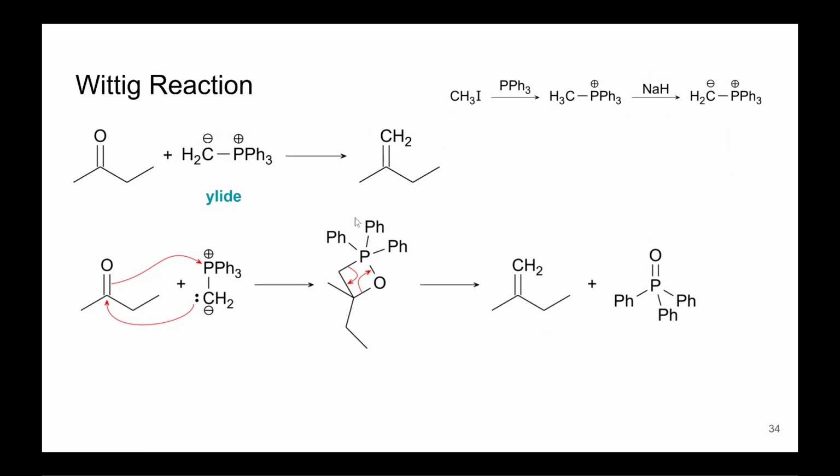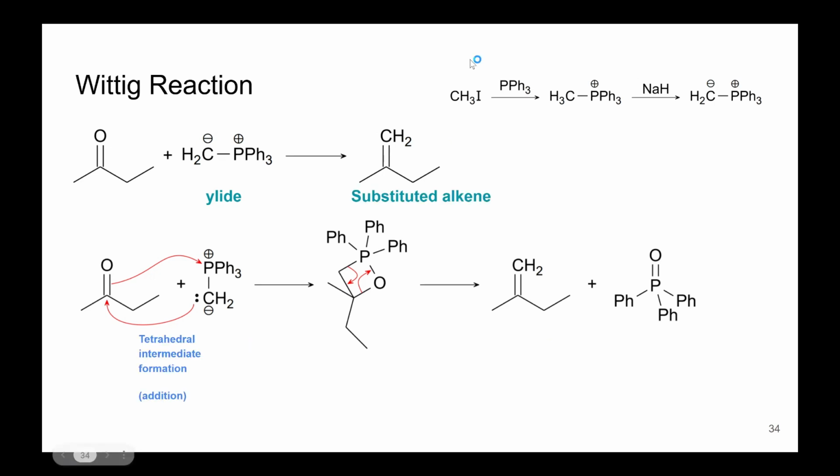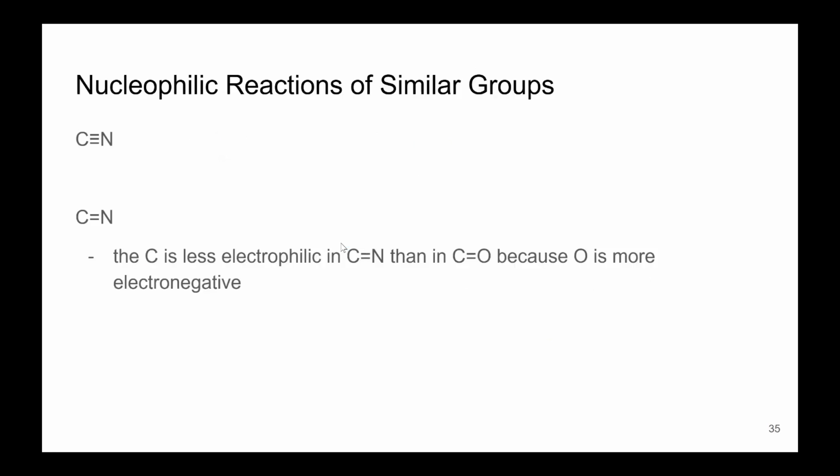You just have to know that when you see an ylide, replace the C=O double bond with the C=C double bond, and whatever is on the end of the ylide will end up on the end of your C=C double bond. So your product is a substituted alkene. This mechanism is also addition, elimination.